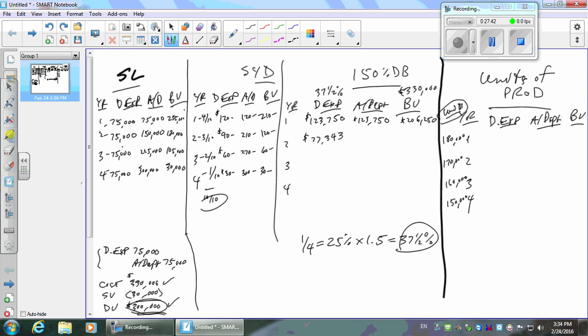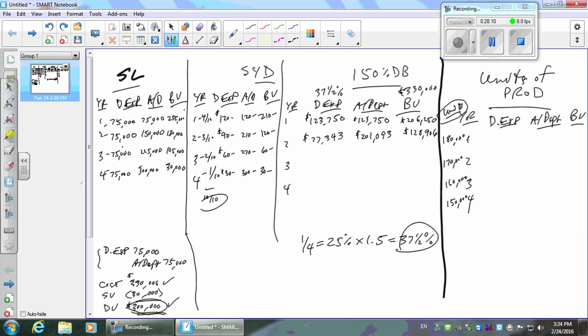Now what do you have in accumulated depreciation? 123,750 plus 77,343, that's 201,093. So what's the remaining book value? 330,000 cost less 201,093 is 128,906.25. We don't have to worry about the pennies, and the computer wouldn't care.